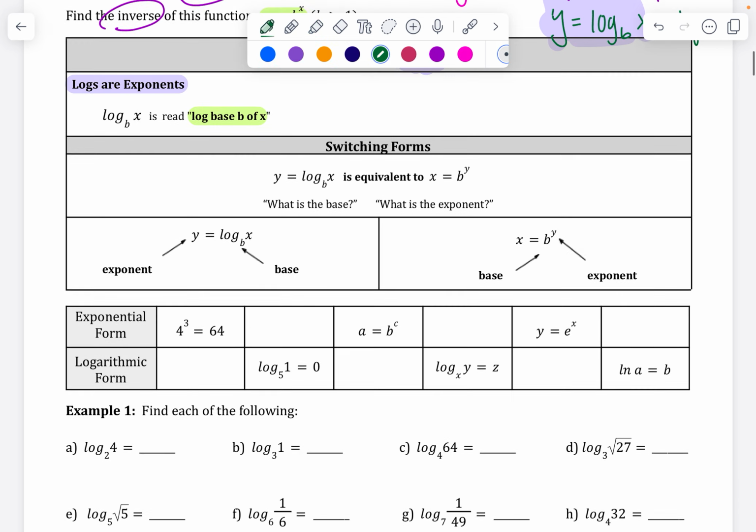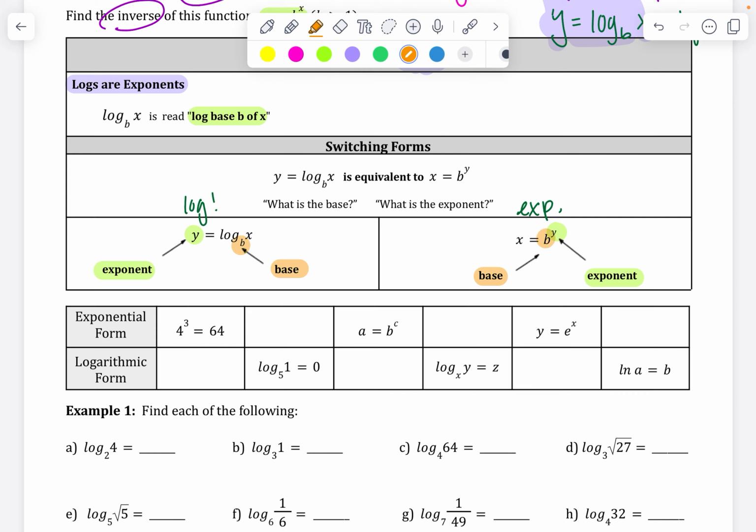The way that we look at it, here is my log, the exponent is the y, the base is the b. For exponentials, the exponent is our OG exponent, what we're used to, and the base is the number with the exponent.